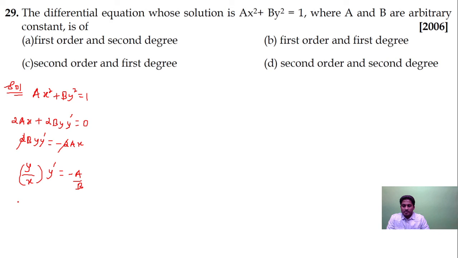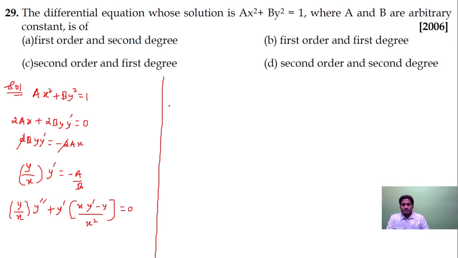If I differentiate once again, first into differentiation of second plus second into differentiation of first, that is, denominator differentiation of numerator minus numerator differentiation of denominator, the whole square is equal to 0. If you multiply by x square, you get x into y double dash plus x into y dash square minus y into y dash is equal to 0.